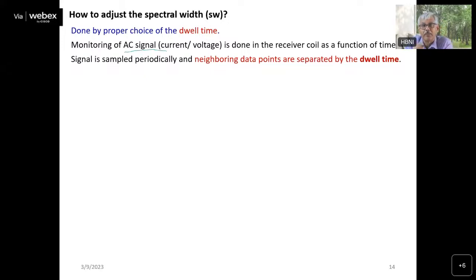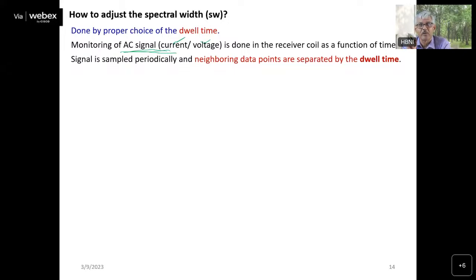The magnetization will now precess as per the offset, so there will be an alternating signal, an AC current or voltage, which will be received by the receiver coil as a function of time. Now you will not be monitoring continuously. The signal will be sampled periodically.